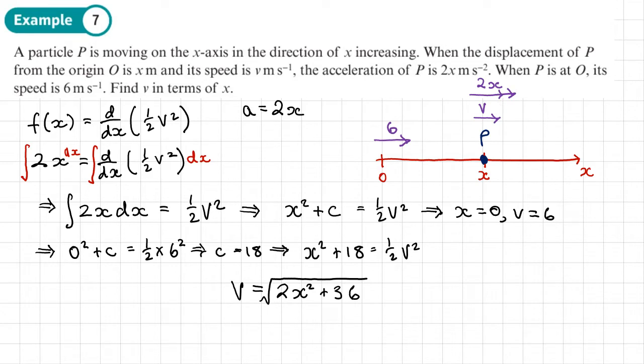Now normally when you square root you would consider the positive and negative square roots, but it does say that it's moving in the direction of x increasing, so it's always going to be moving this way. It's never going to be moving in the direction of decreasing x, so we just need the positive square root, but just be aware of that. Always scan the question and look out to see whether you need to put the negative square root as well.